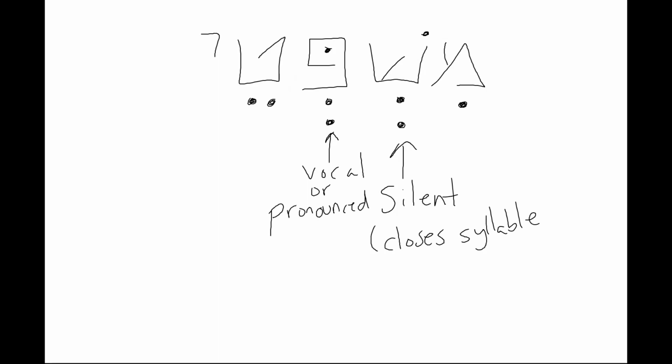So it would be the mem, we have an M. And then for the hiriq, we have an I. And then for the shin, this SH, and it closes the syllable, right? Mish, mish. And then the schwa under the pei would be vocal. So we'll have a pei, right, with the superscript schwa to make sure it's vocal, right?